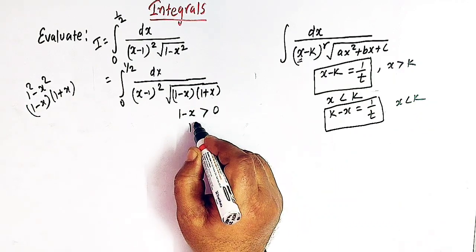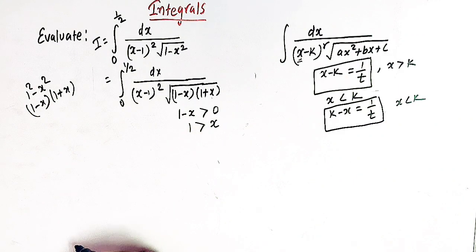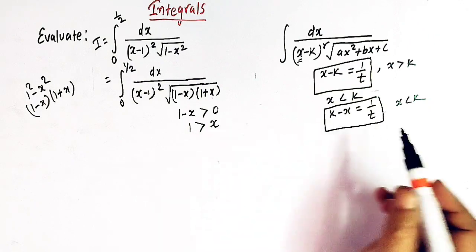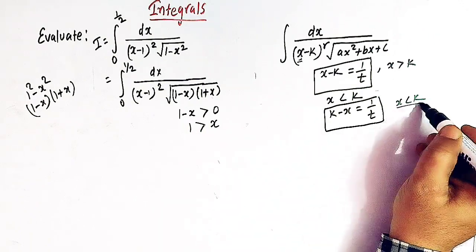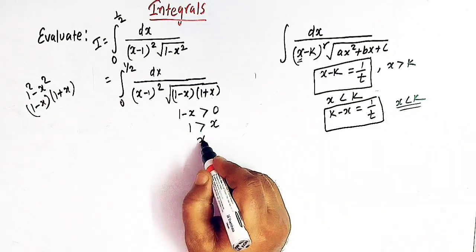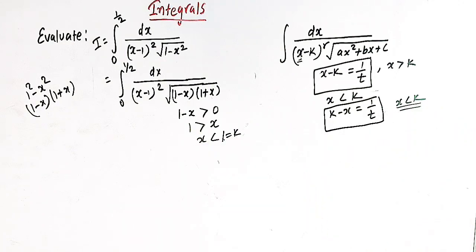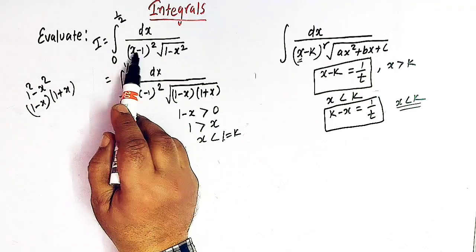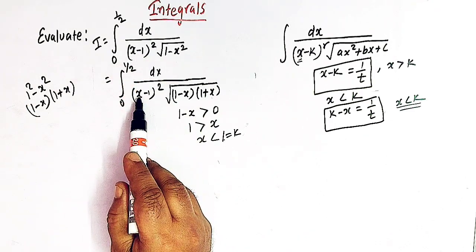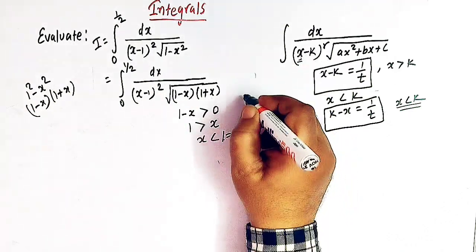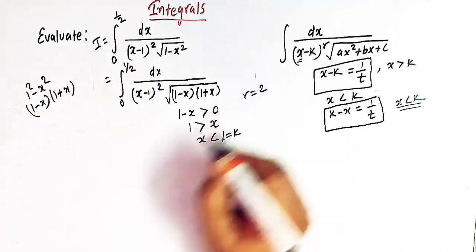It means 1 should be greater than x. Comparing this inequality, we can see that x is less than 1 and the value of k is equal to 1. Here we have (x minus 1) square, so x minus k square, and the value of r is equal to 2.